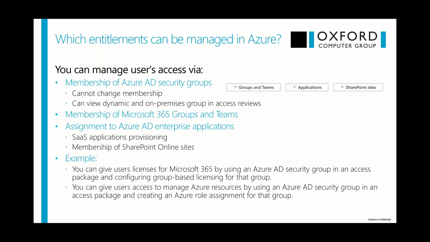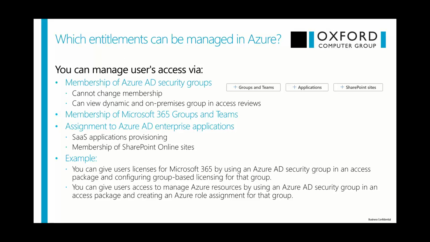But we can manage all other Azure AD security groups that are inside of Azure AD. We can, however, view inside of access reviews, and approve or deny dynamic or on-premise groups, but it does not reflect any of those approvals or denials inside of the security groups.